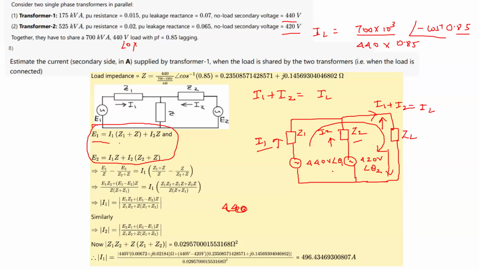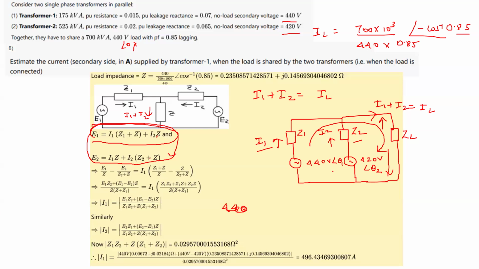E1 minus I1 Z1, and through this Z we have I1 plus I2, so minus I1 plus I2 into Z. Similarly we can write for E2.